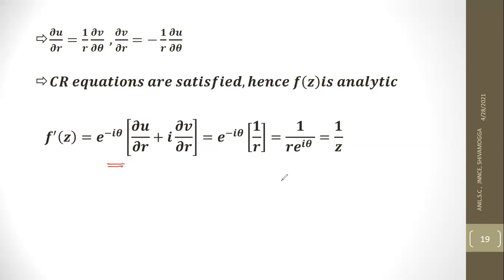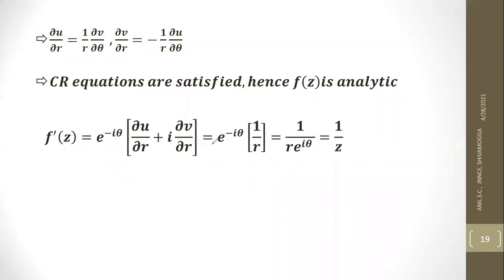In Cartesian form, f dash z is given by del u by del x plus i into del v by del x. These two equations are very, very important. In Cartesian form, f dash z is given by del u by del x plus i into del v by del x. But in polar form, it is given by e power minus i theta into del u by del r plus i into del v by del r. You have to memorize these two expressions.